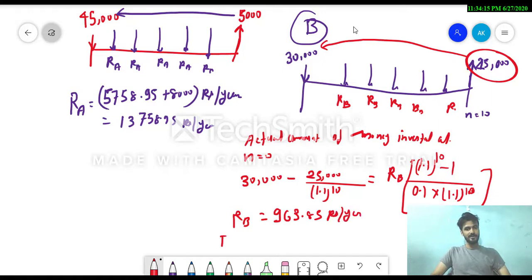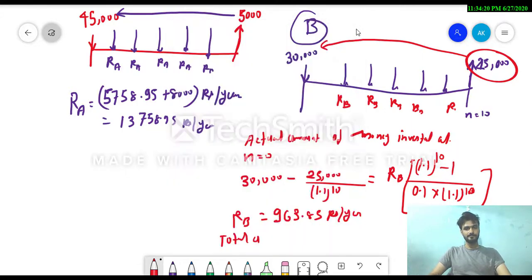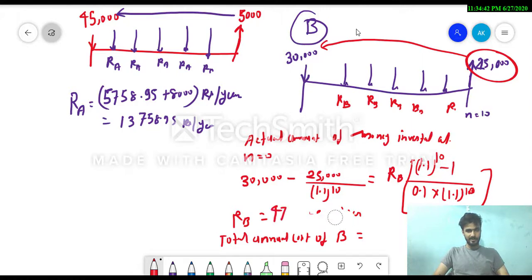Now the total annual cost of project B, sorry, here this will be the value, 4725.5 rupees per year.